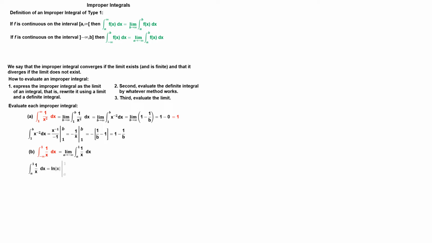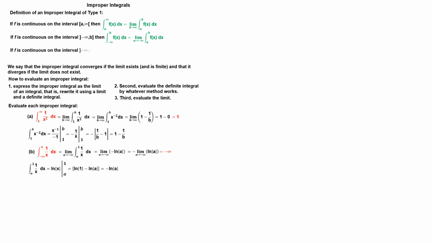Second, we find the antiderivative, and then we use the fundamental theorem of calculus to evaluate the antiderivative over the interval from a to 1. Third, take the limit of the result as a goes to minus infinity. When a approaches minus infinity, the limit approaches minus infinity. Since the limit does not exist as a finite number, the improper integral cannot be evaluated, and therefore, the improper integral is divergent.